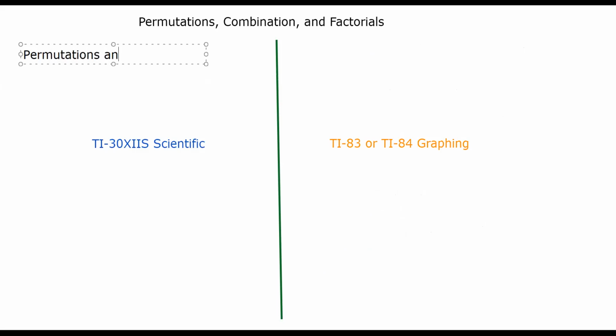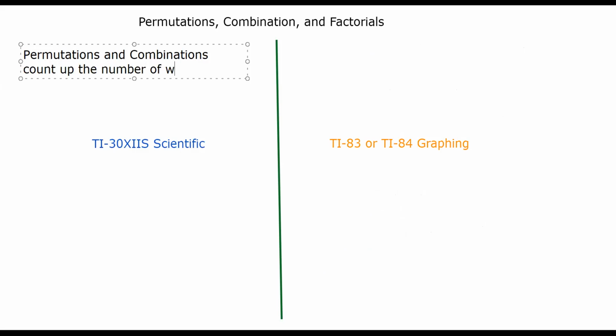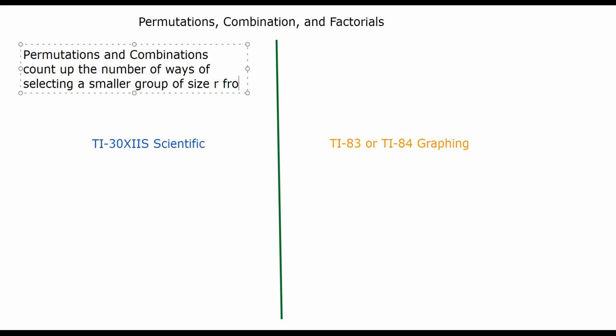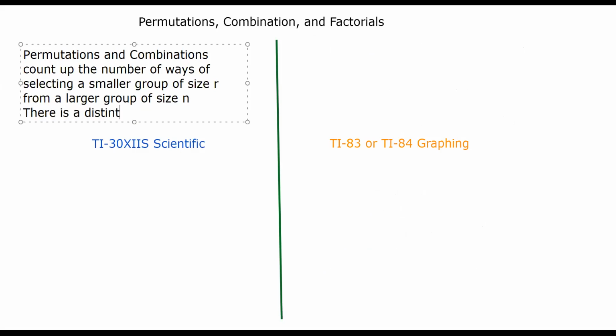Permutations and combinations. This is a new concept. Count up the number of ways of selecting a smaller group of size R from a larger group of size N. There is a distinction between them, though.